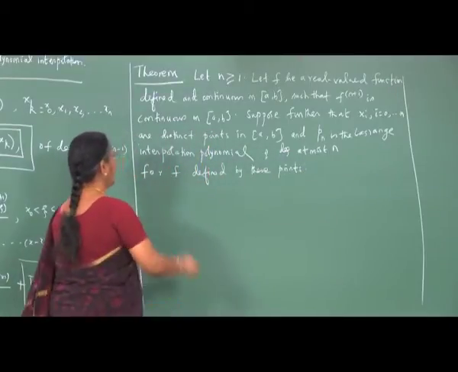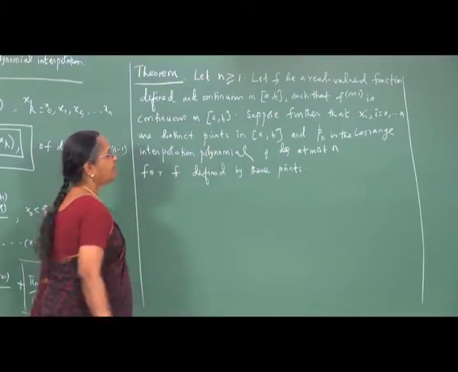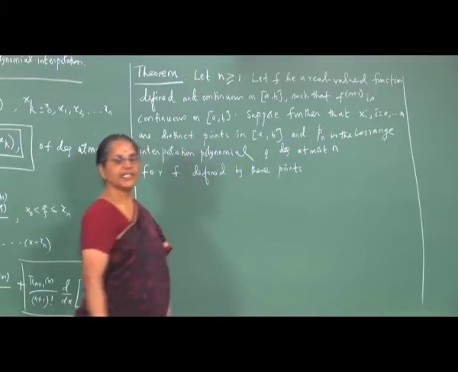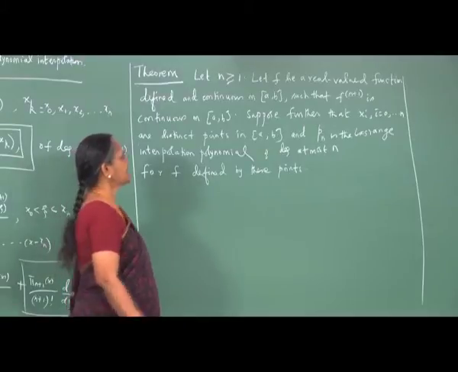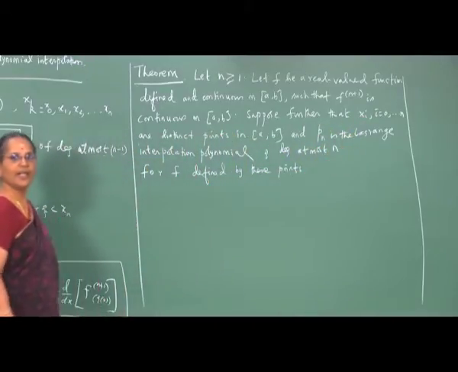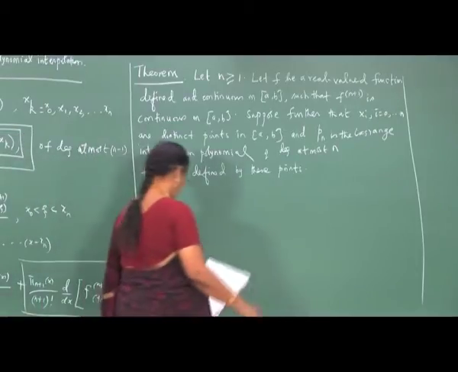Namely, the function f is reconstructed by seeking a polynomial Pn of the Lagrange interpolation type that interpolates the function at a set of these n plus 1 points. So, it is a polynomial of degree at most n.